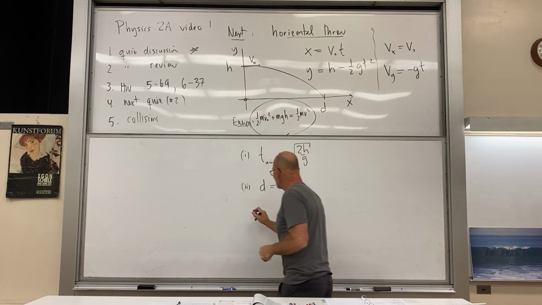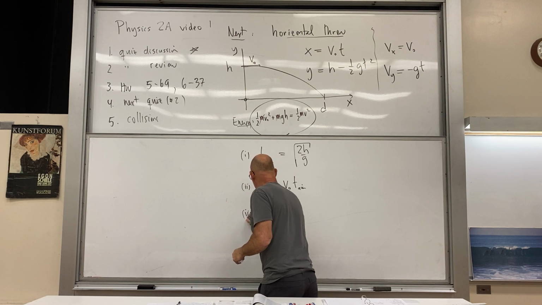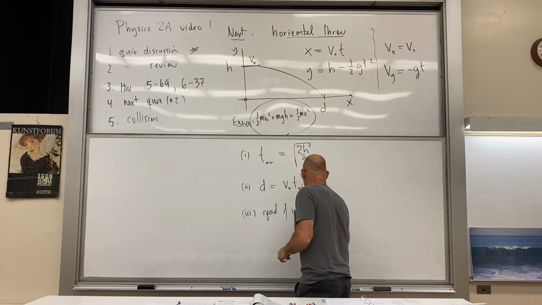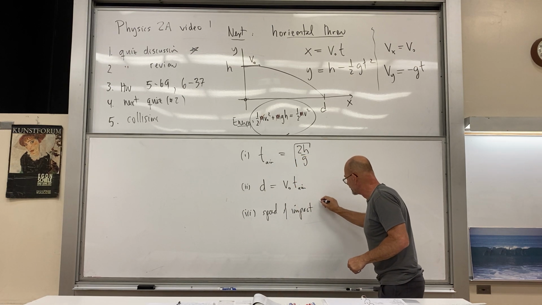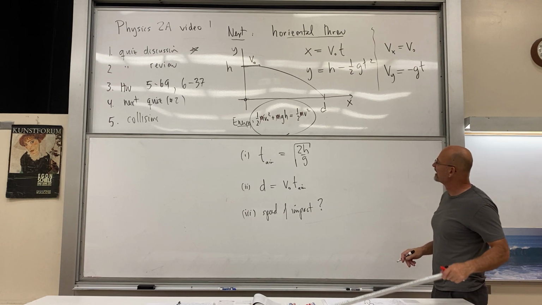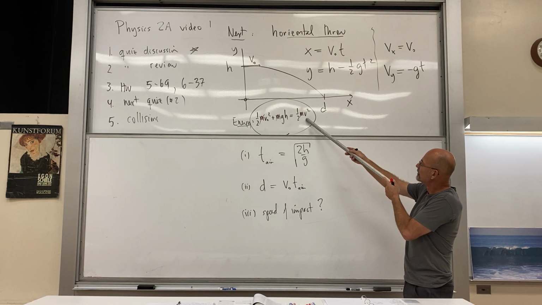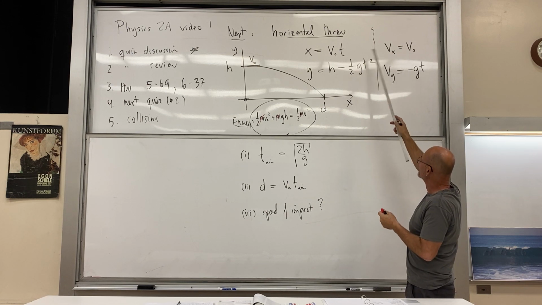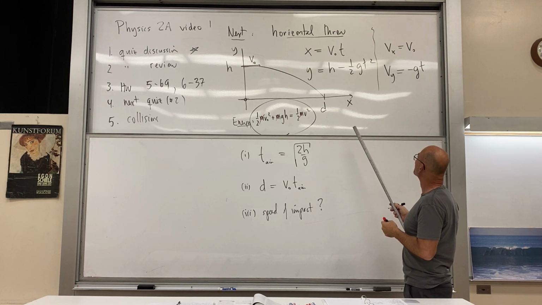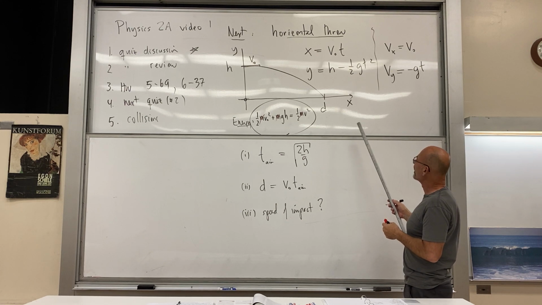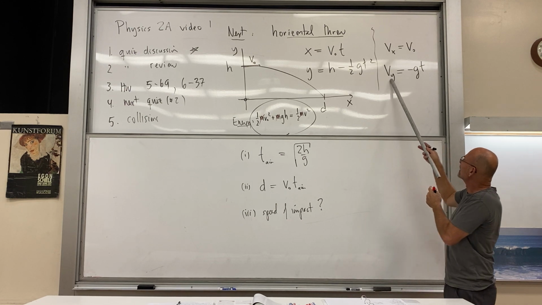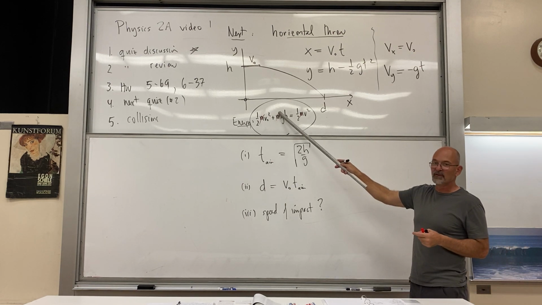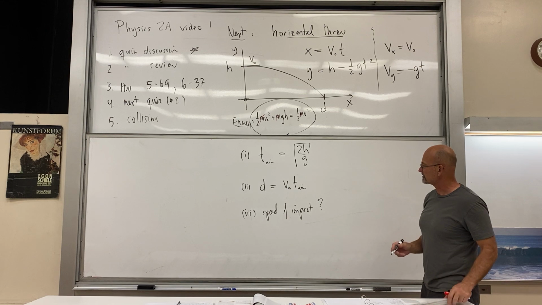The speed of impact we can get in a couple of ways. We can get it from this equation, the easiest, or we could go into a little more detail here. And by the way, if you do the speed of impact using these formulas and the Pythagorean theorem, of course it has to give you the same answer as this.